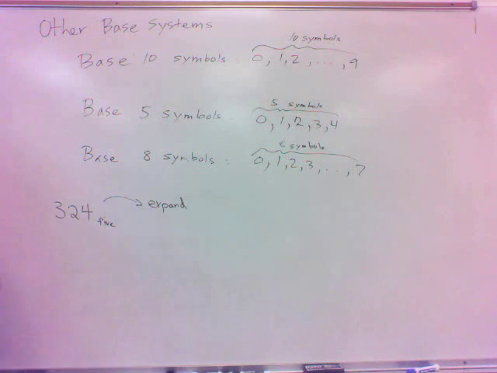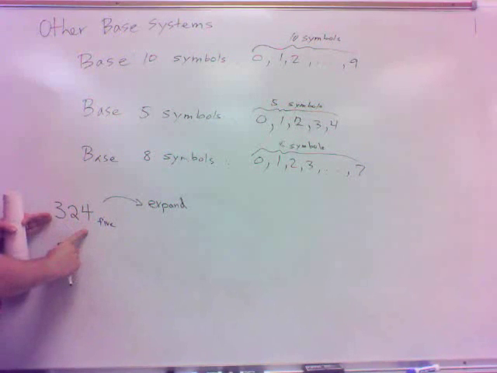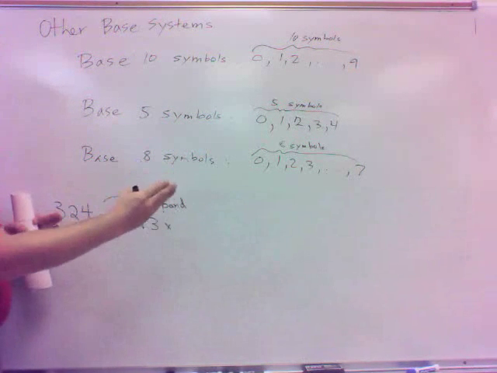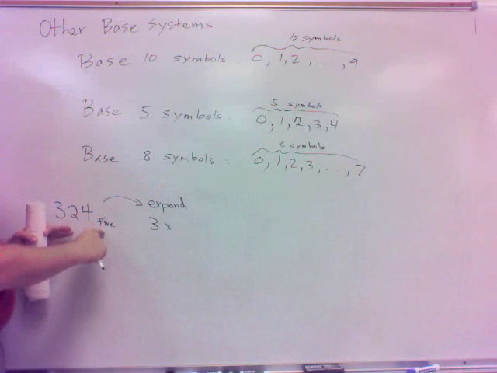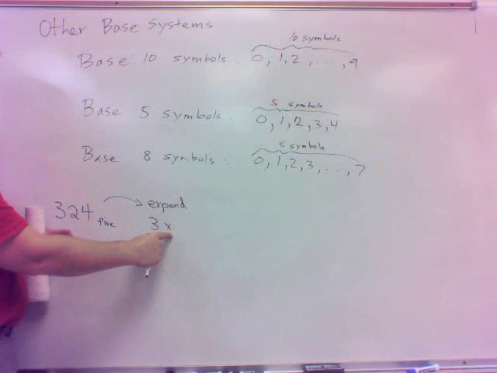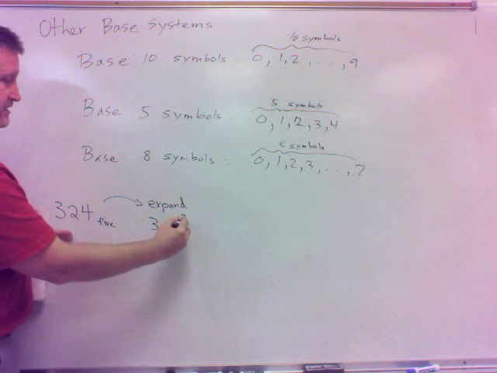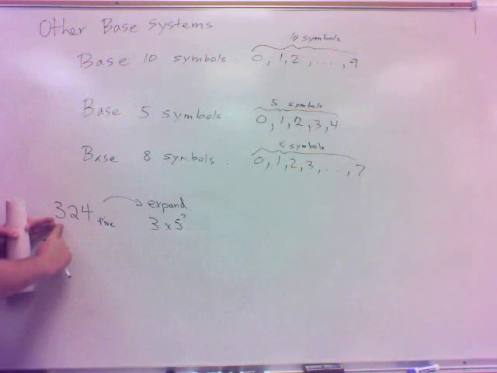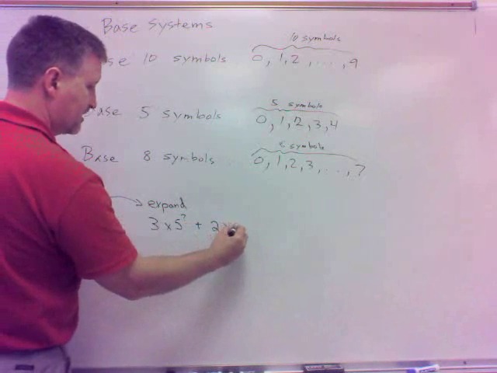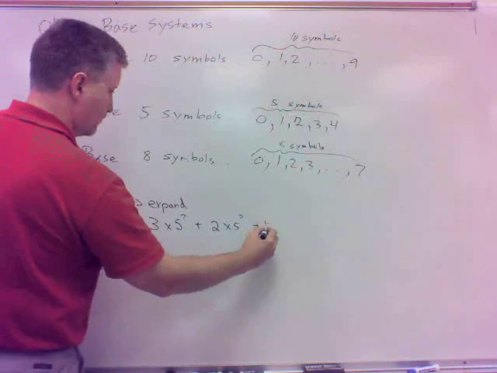Each one of these digits here is multiplied by something to a power. However, since I'm in base 5, doesn't it make sense that it's going to be powers of 5? Because that's our base. So each one of these, first of all, it's 5 to a power that these are multiplied by. 2 is going to be times the power of 5, and 4 is times the power of 5.